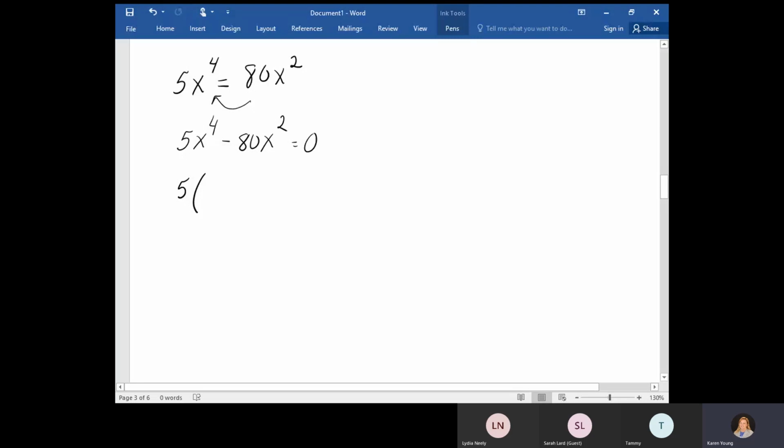So I'm going to take out 5x squared. So again, I'm basically dividing both of these by 5x squared. 5 divided by 5 gives me 1. x to the 4th divided by x squared, so I'm doing 4 minus 2. I'm left with x squared, right?